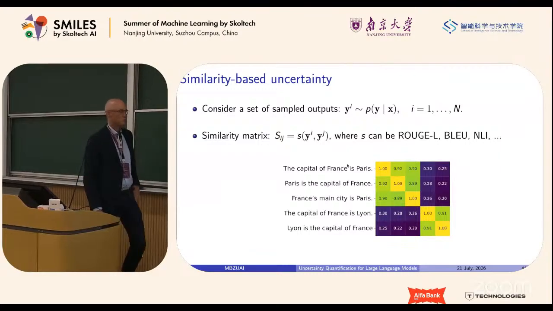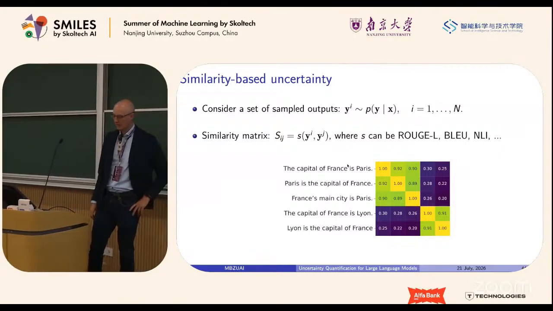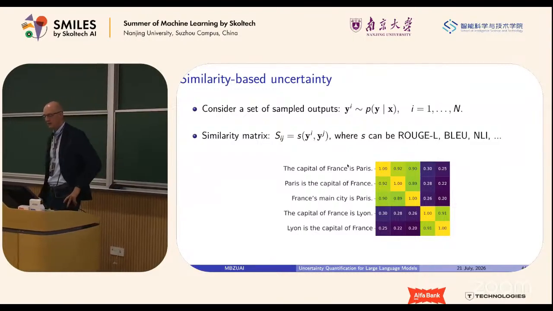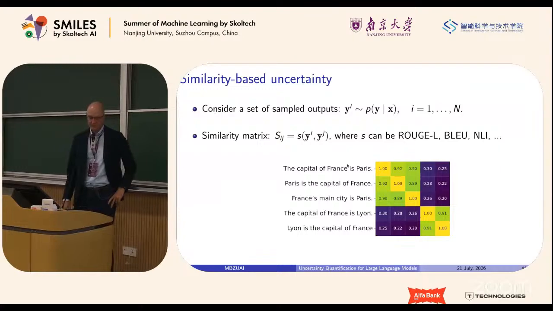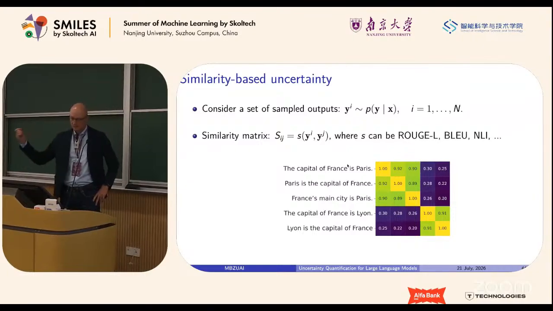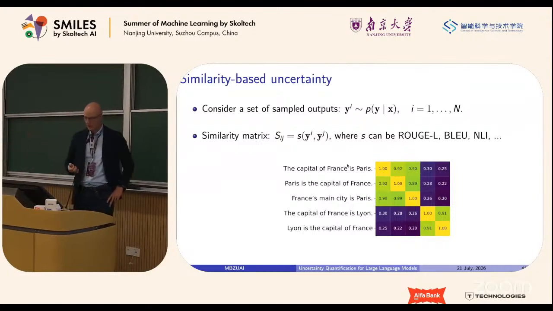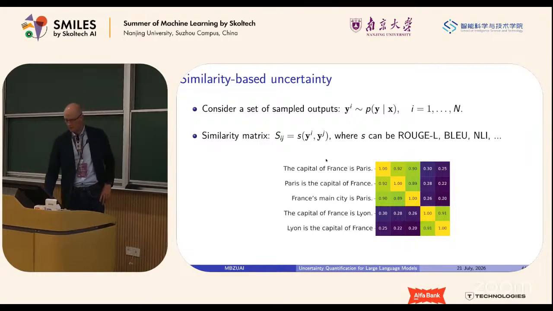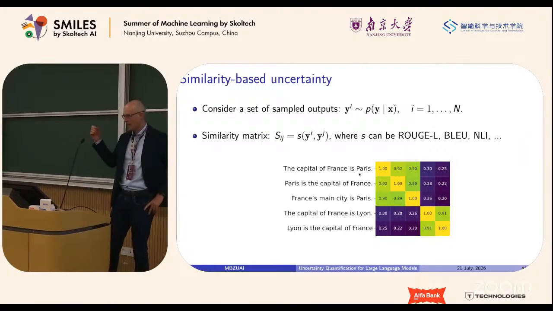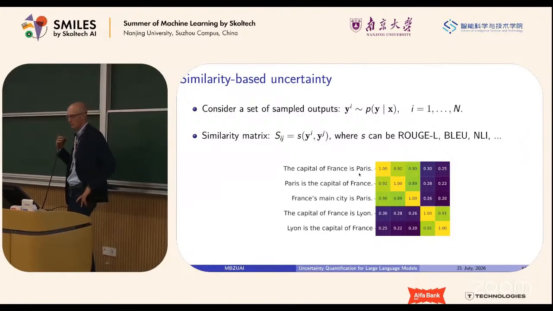Another approach that is a little bit more complex is to analyze the similarity of generated texts. As you can see, there are multiple different ways of saying that Paris is the capital of France. The top three of these predictions are exactly about Paris being the capital, but they all have very different realizations.